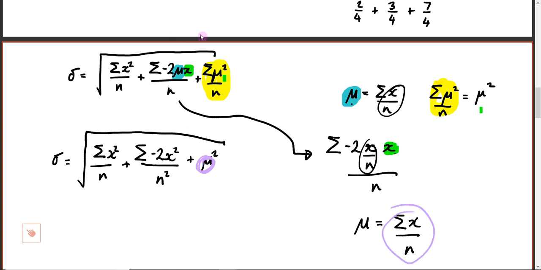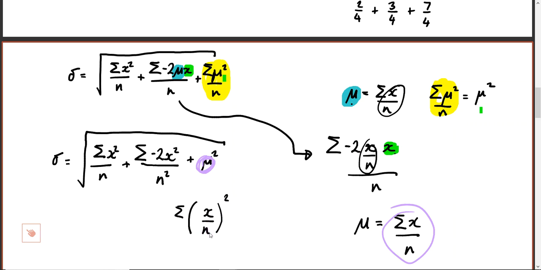But it's squared. Do you remember we said whatever you replace. So the mu is the thing that I'm going to replace. So I'm going to put a bracket and keep the squared, and I'm going to have the sum of x over n, like that.